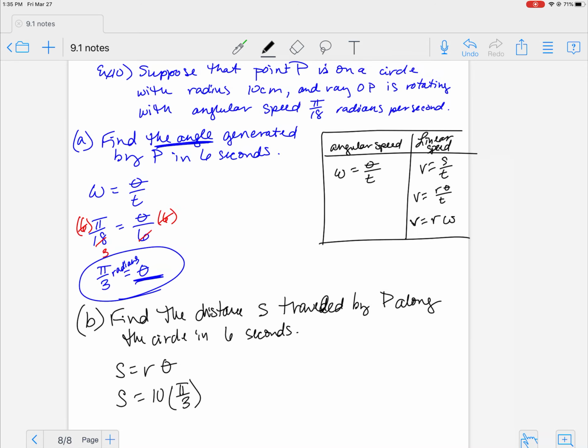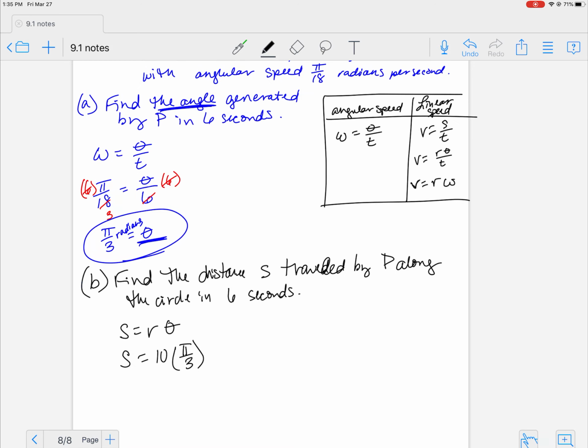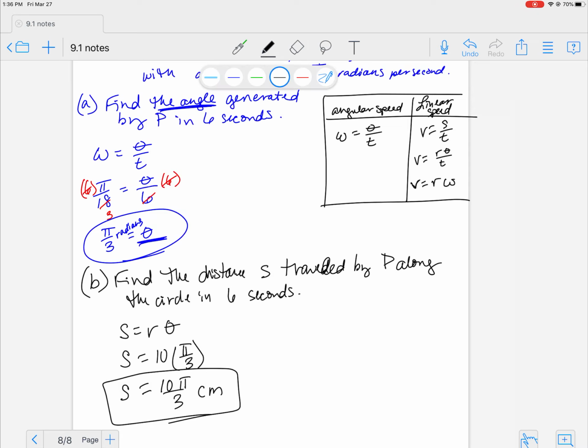So arc length will be the same radius of 10 times that pi over 3 because I figured that out in my previous example. Okay, so then S, in this instance, if I chug all of that out, just leave it in terms of pi, is 10 pi over 3 centimeters. And it's in centimeters because it's that distance, it's that length.